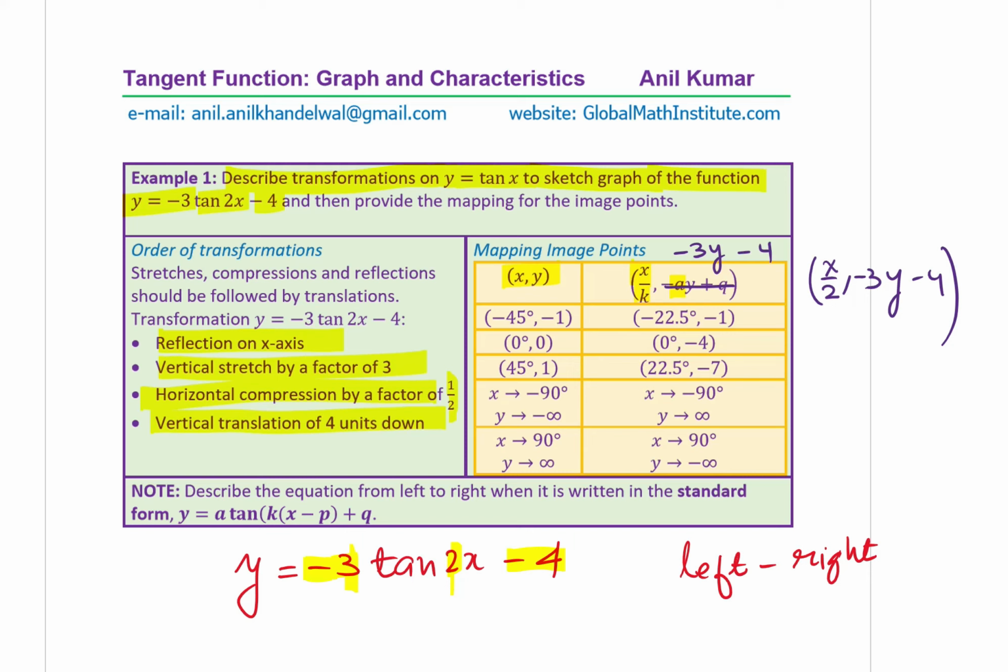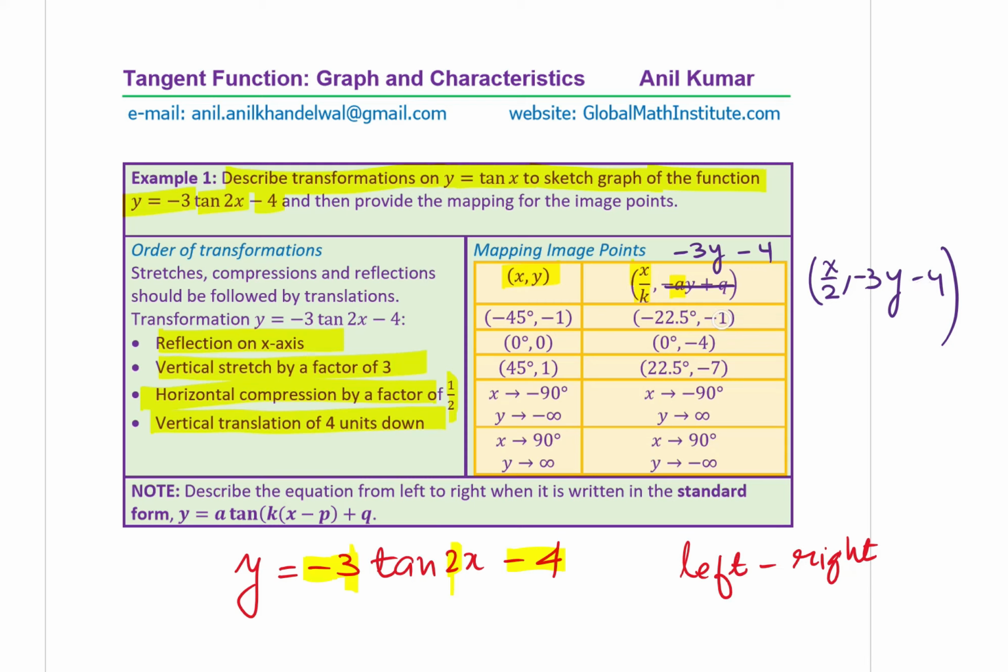So now let's look into the transformation of points. We'll take the x and y values, and the image point will be: the x values will be halved, and the y values will get multiplied by minus 3 and then minus 4. So for the point (minus 45 degrees, minus 1), half of minus 45 is minus 22.5, and when you multiply negative 1 by negative 3, you get positive 3, and positive 3 minus 4 is negative 1, right?